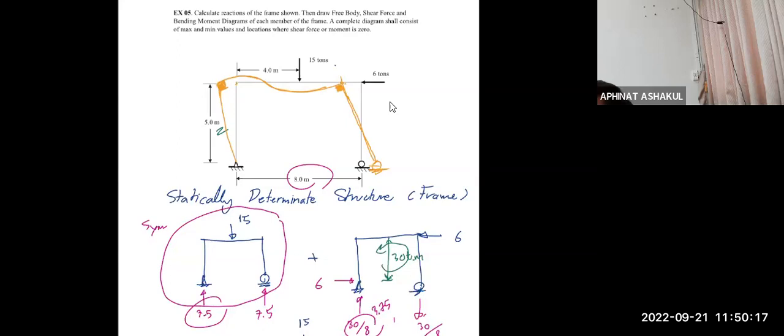Any questions on this? If there isn't any questions, we oblige to move on to the next problem.